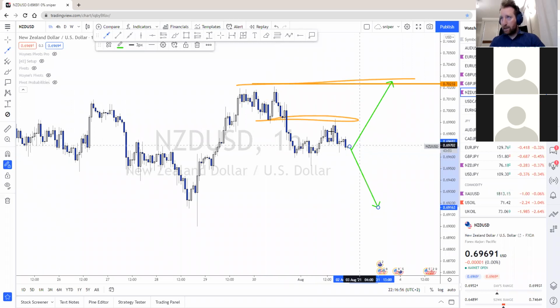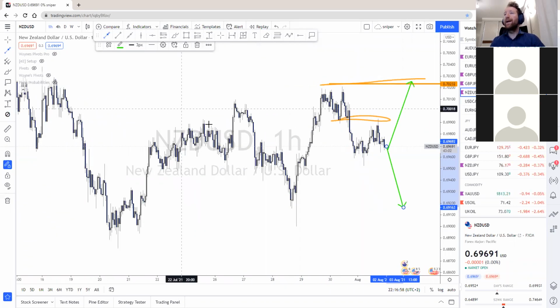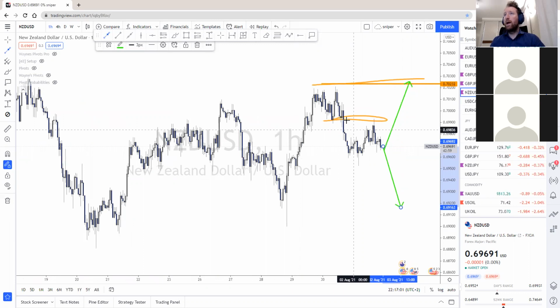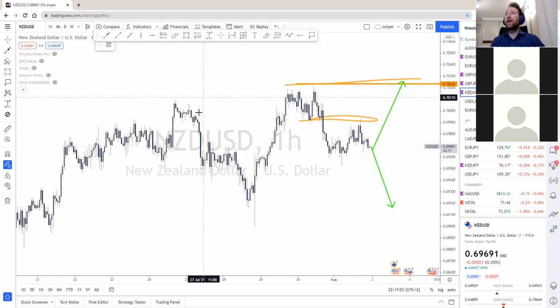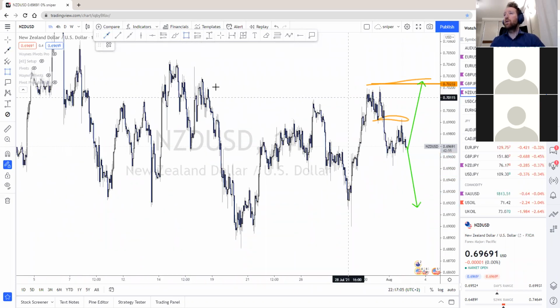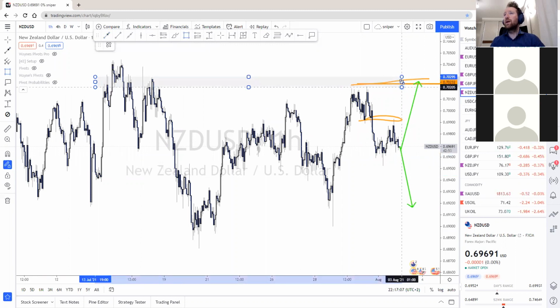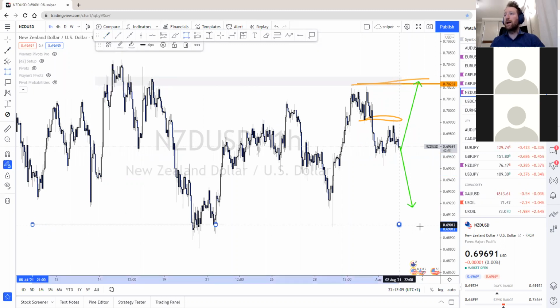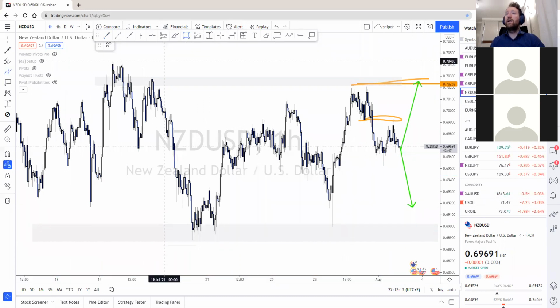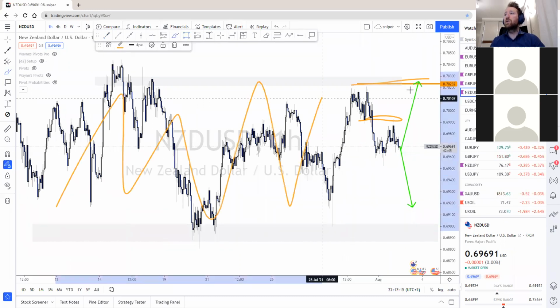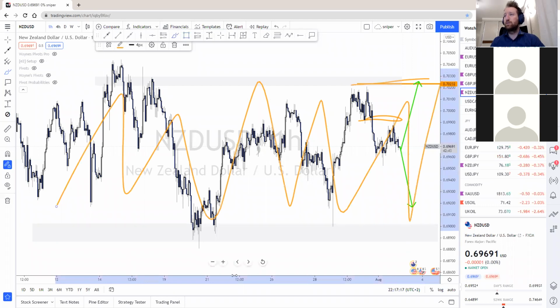As long as we are in a range, we remember that we're not supposed to be trading anything other than these levels here, and anything in between is just nonsense and noise. So there's nothing else to do here.